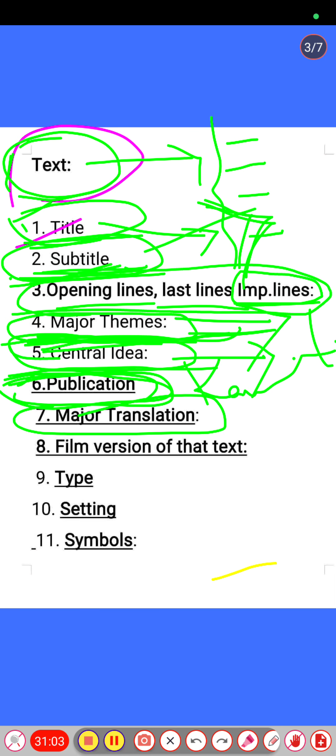After this, film version of the text is important, like major adaptations of Shakespeare's plays, or disability study literature, where movies were based on some original text that we have.